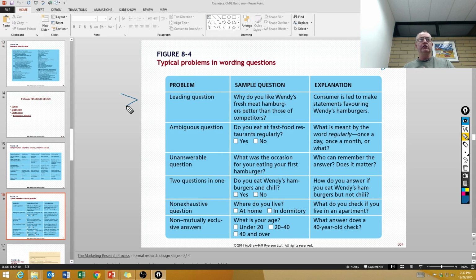The book gives us a list of some survey question wording problems. One is the so-called leading question. A leading question is designed to elicit a particular answer from the interviewee. The stereotypical example is a question posed to a man: when did you stop beating your wife?